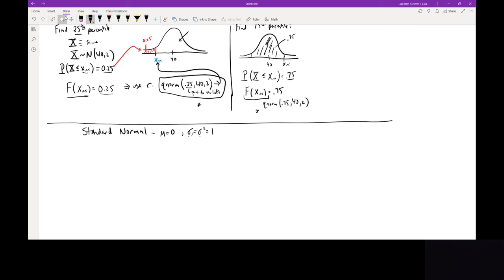So it looks like this. A normal(0, 1) is a standard normal.